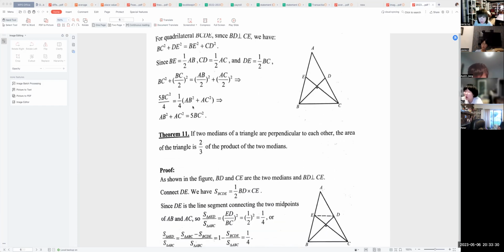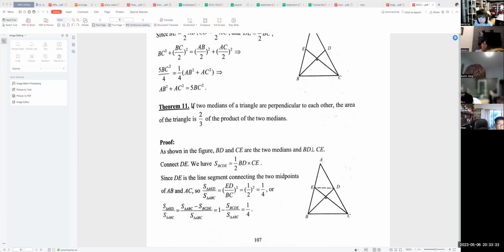Okay, so theorem 11. If two medians of a triangle are perpendicular to each other, that means you don't have to draw another graph, okay? 刚才那个 graph 还可以用。The area of a triangle is 2/3 of the product of the two medians. 什么意思？EC 乘以 BD. 2 over 3 times this one equals the area of triangle ABC.